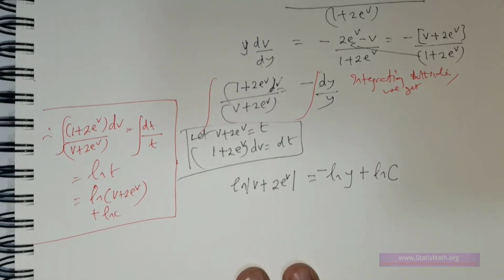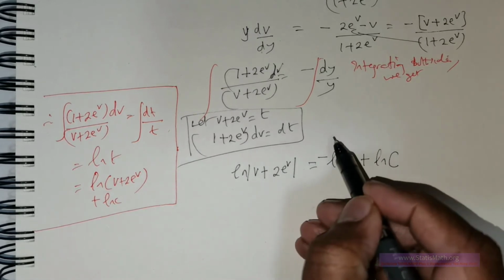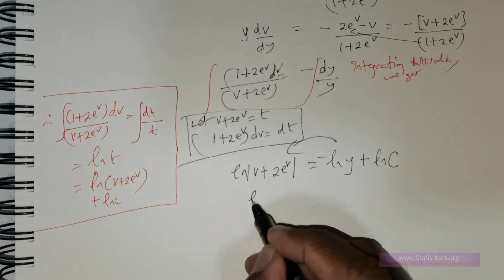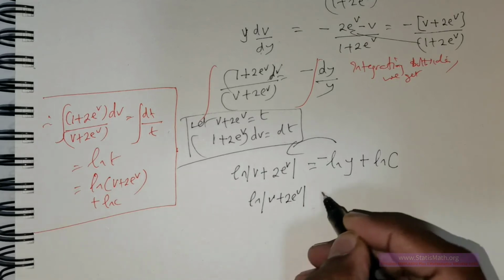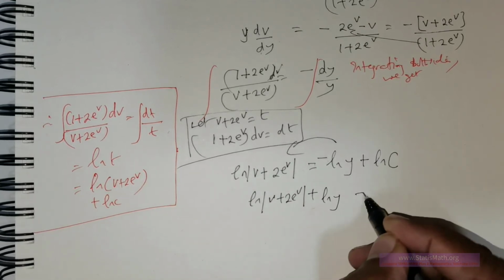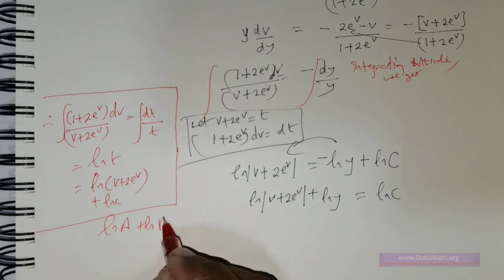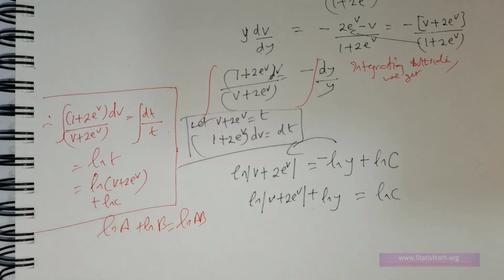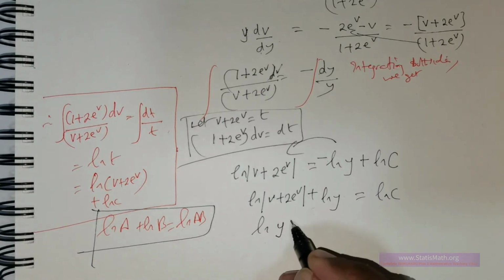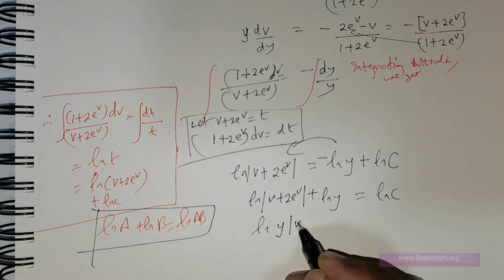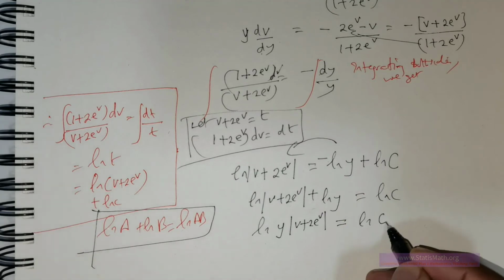Now I can move this negative ln y to the left. That would give me ln of |v + 2e^v| plus ln y is equal to ln c. Now this is ln a plus ln b, which is going to be ln of ab. Using this formula, I can rewrite this as ln of y times |v + 2e^v| is equal to ln c.